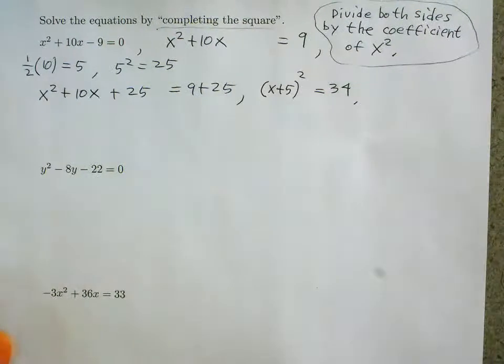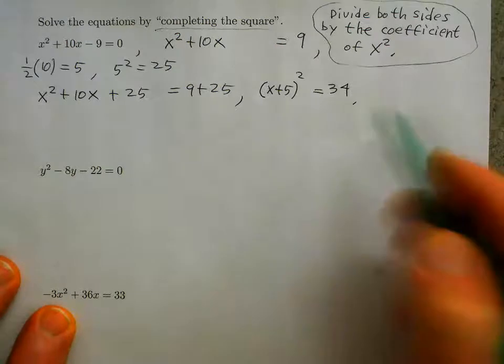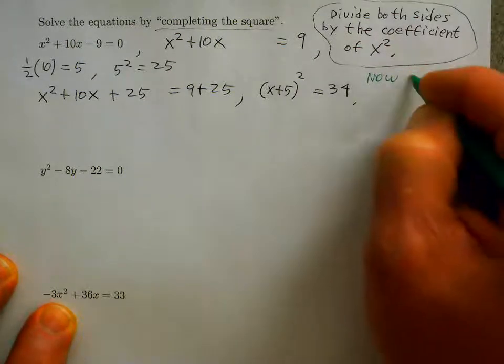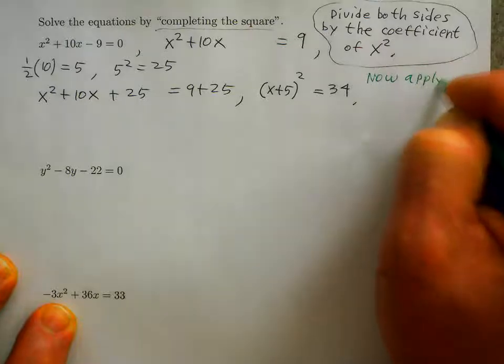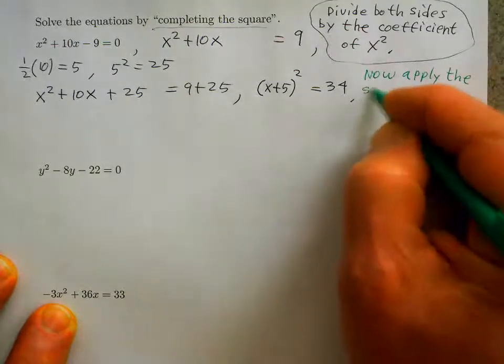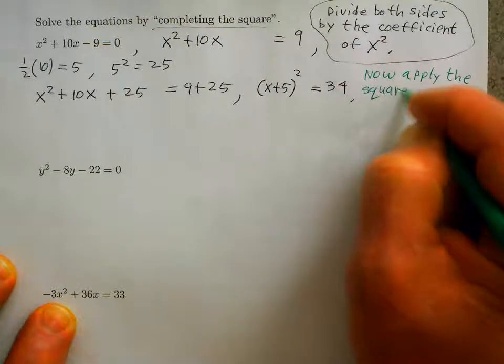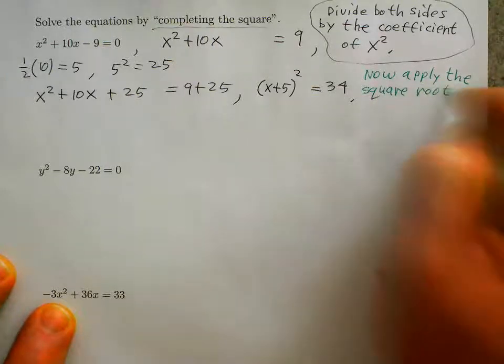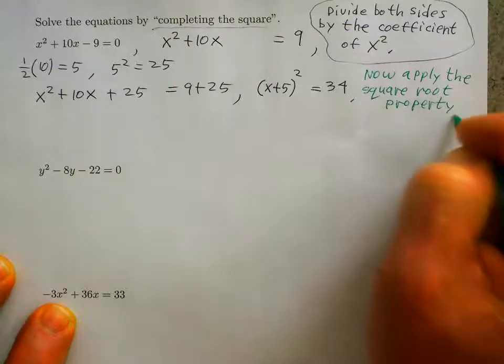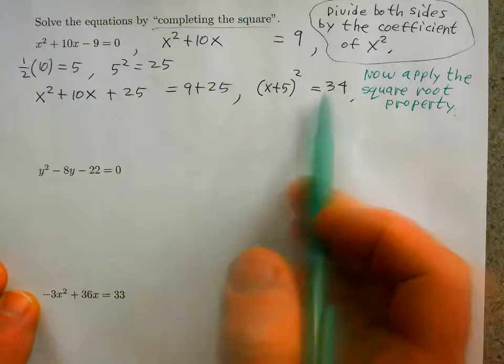And now we apply the square root property, which is what we talked about on Friday. Okay, we have x plus 5 quantity squared equals 34.